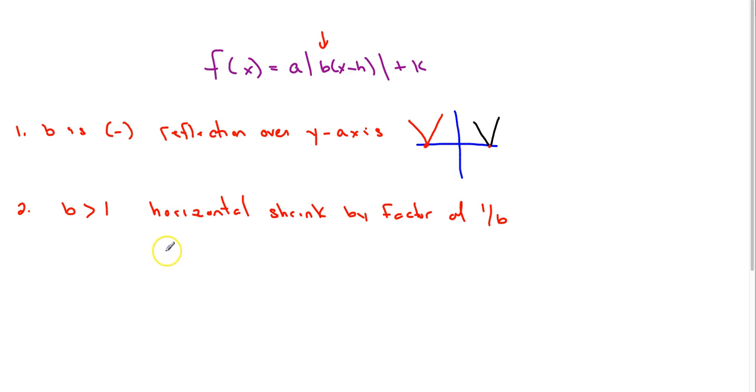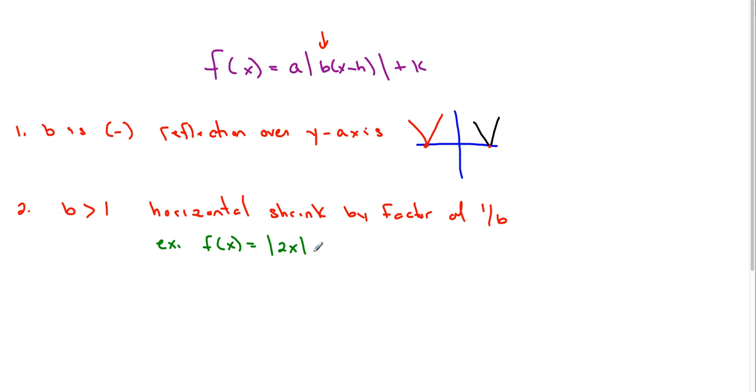For example, if you have f of x is equal to the absolute value of 2x, the b value is greater than 1, so it's a horizontal shrink. But if you think about the word shrink, what does that mean? Small or large? Make it small.